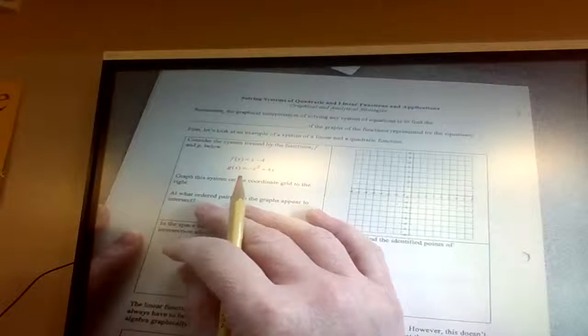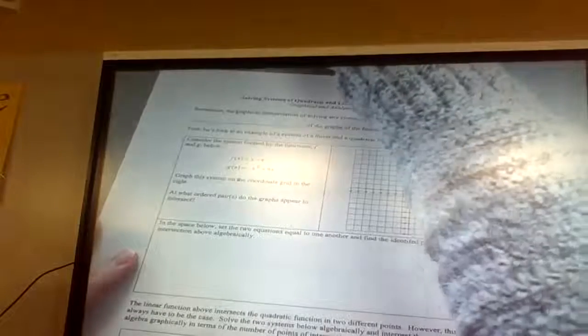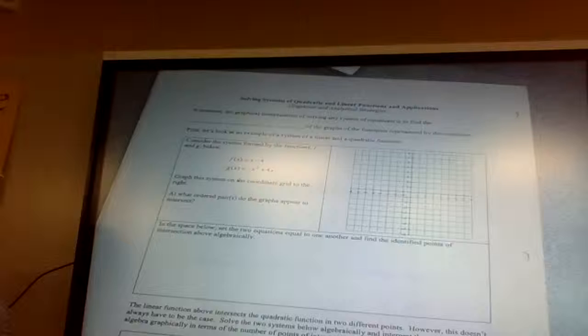And it scared me. Okay, is everybody on page 419? Okay. So today we're gonna look at systems of linear functions and quadratic functions, and systems of quadratic and quadratic functions, okay? We've done systems of equations, but we did systems of linear equations. So now we're starting on quadratic and linear equations and quadratic equations.